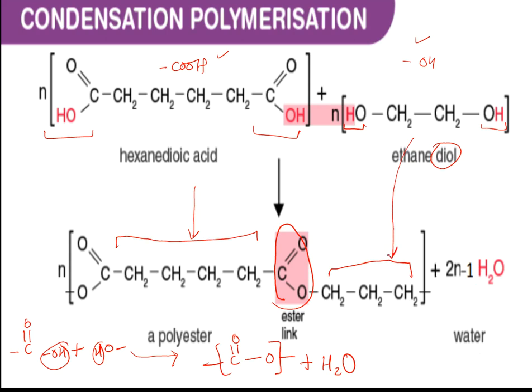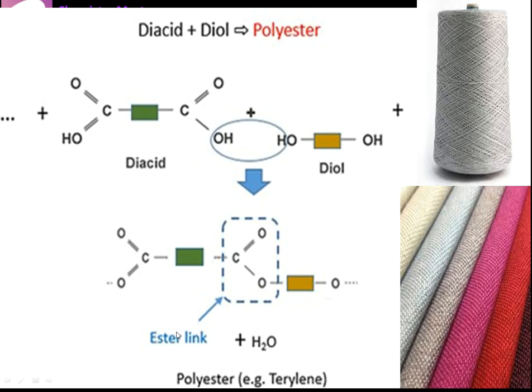So you see the linkage is the ester one, because I am going to introduce you to a polyester which is terylene, in which a diacid is linked together with the diol to form the ester linkage.